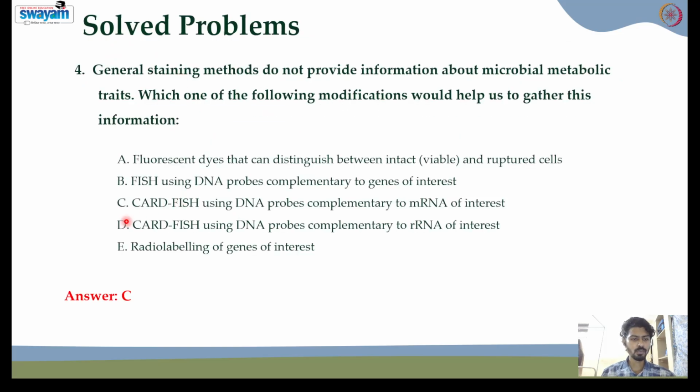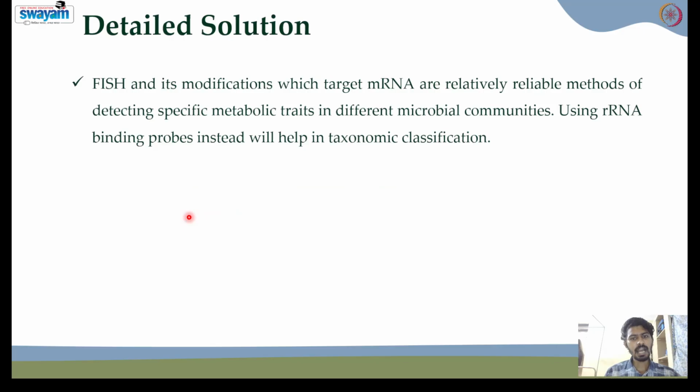That is why we are using CODFISH type of FISH, which is an advanced level of fluorescent in situ hybridization, where we will be doing the FISH with this modification. And why we are targeting the mRNA? Because they help us to understand the specific metabolic traits that happens in different microbial community.